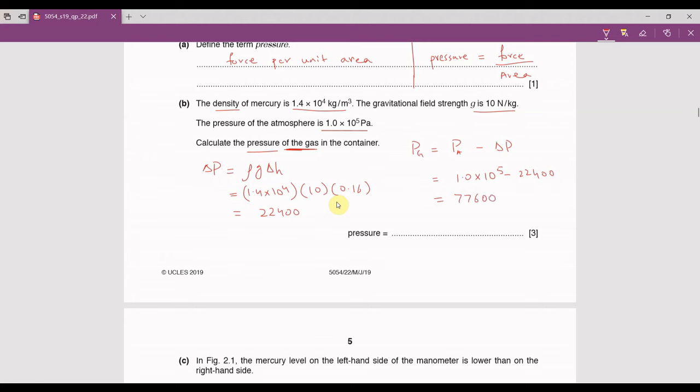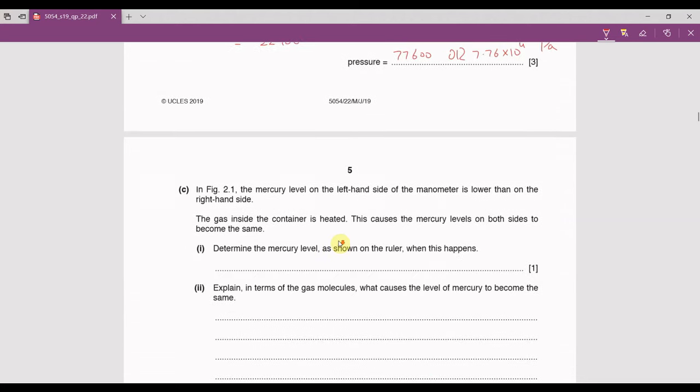Now this is correct to three significant figures, so I can write it as it is, or I can write it in standard form. That would be 7.76 into 10 to the power 4. But don't forget your units. The units will be pascals. If you forget the units, you won't get the last marks, which is for your answer.